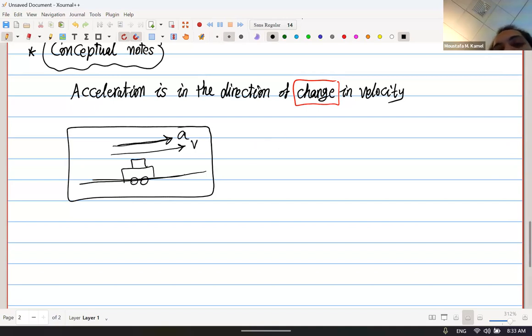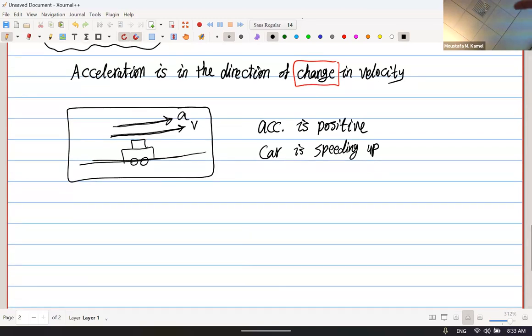This is a long word, so I'll just denote it like this. Acceleration is positive, and the car is speeding up because acceleration is increasing the velocity. The change in velocity is in the same direction as velocity. So you increase the velocity that you already have.